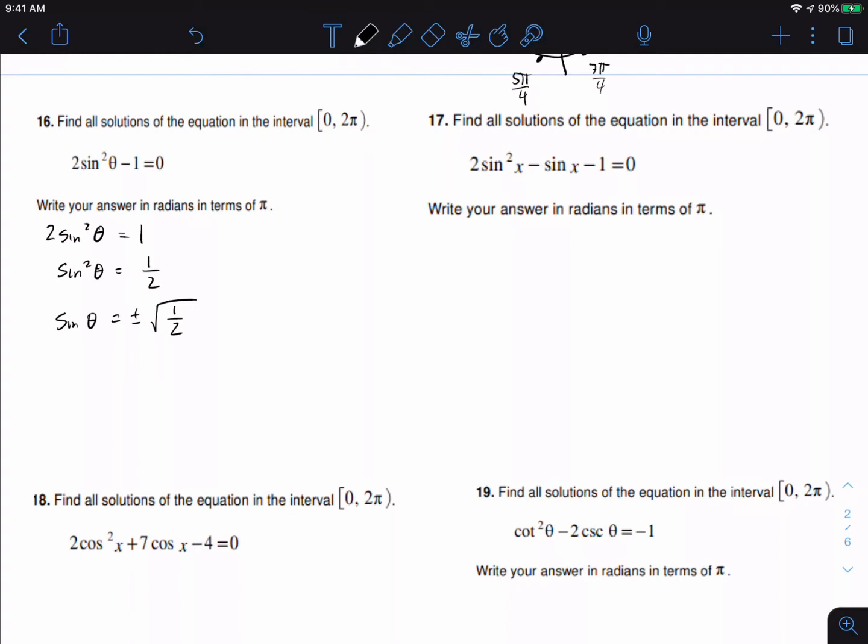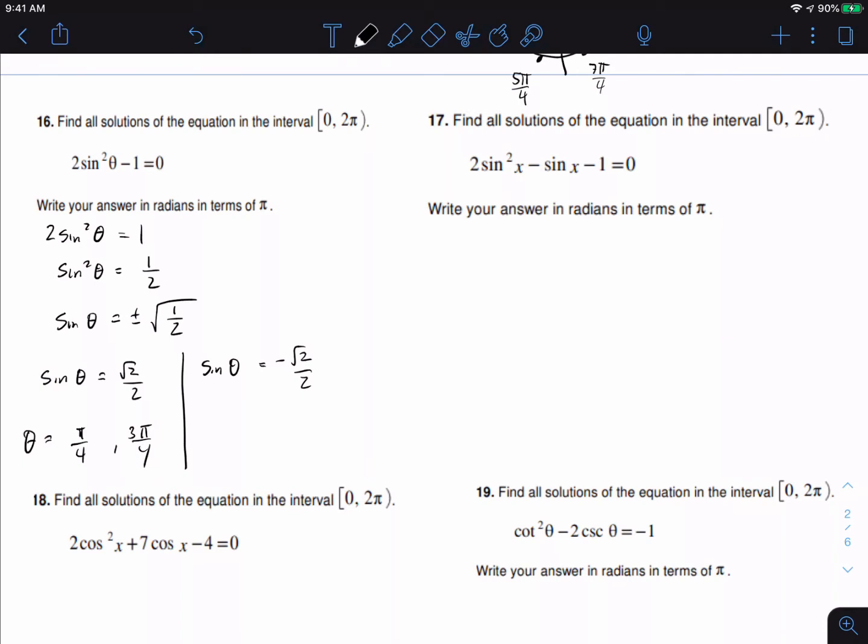So I'm going to get sine of theta with the positive case is going to be radical 2 over 2. And the negative case is going to be a negative radical 2 over 2. And so looking at our unit circle, we see that's going to occur at pi over 4 and 3 pi over 4.